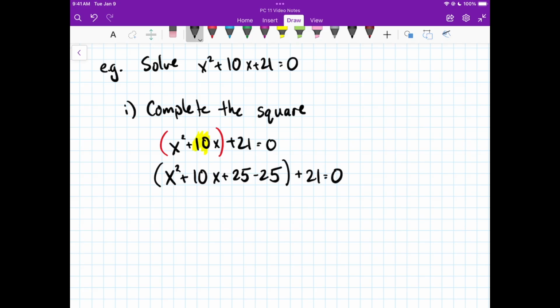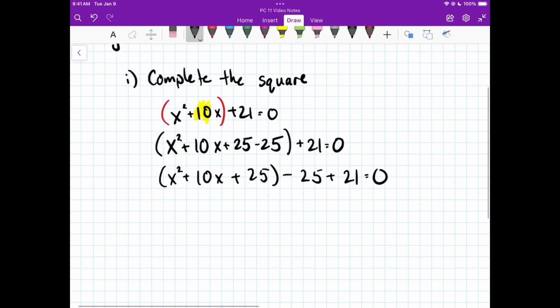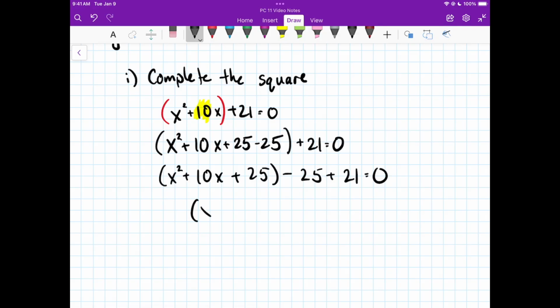Then we're going to move that negative 25 out of the brackets to get to something that looks like this. And then we're going to factor the brackets, and simplify the stuff on the outside, and that'll get us into vertex form. So we get x plus 5 squared minus 4 equals 0.